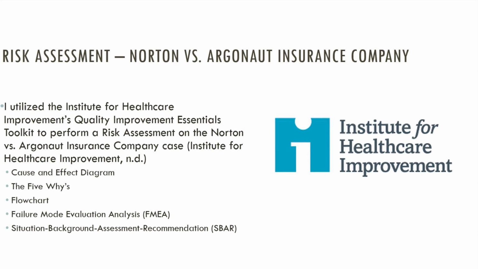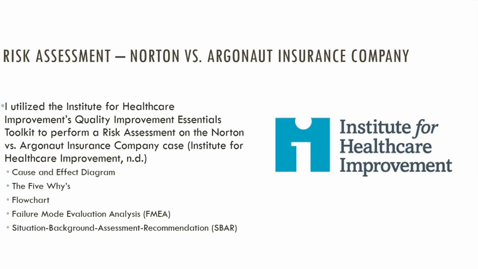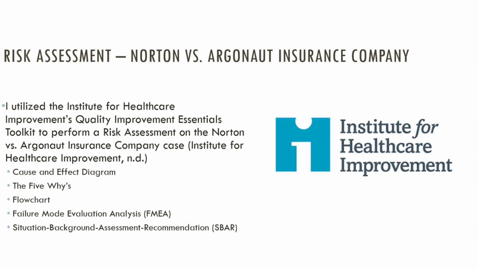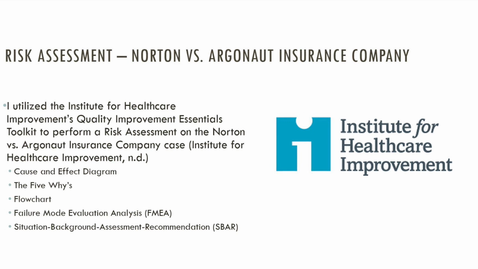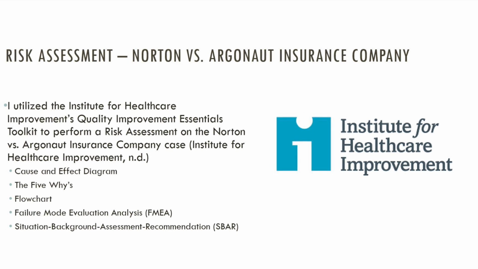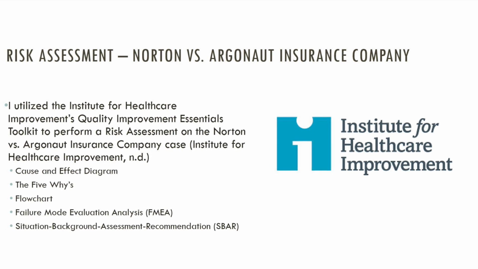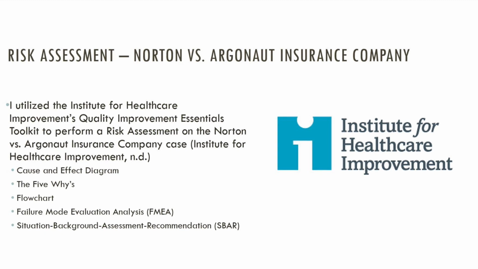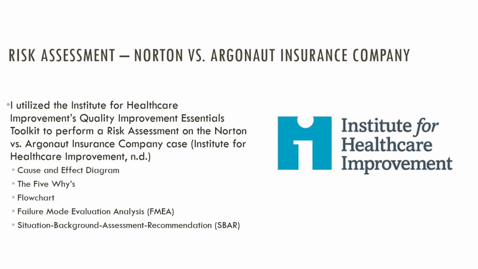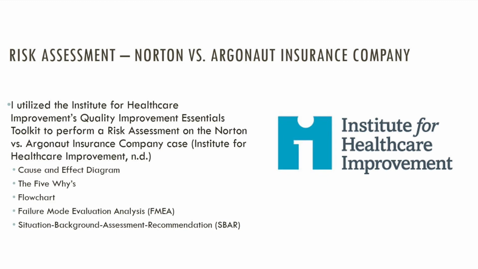I used the Institute for Healthcare Improvement's Quality Improvement Essentials Toolkit to perform the risk assessment. There were 5 parts: the cause and effect diagram, the 5 whys, a flow chart, the failure mode evaluation analysis, or FMEA, and situation background assessment recommendation, also known as an SBAR.